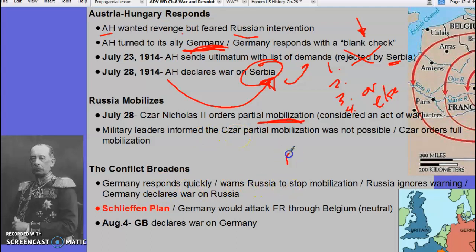And soon all members of the alliances are drawn into war. Okay. Germany responds quickly, warns Russia to stop mobilization. Russia ignores. And basically on August 4th, Great Britain declares war on Germany, as Germany had declared war on Russia, and boom, we have a war.